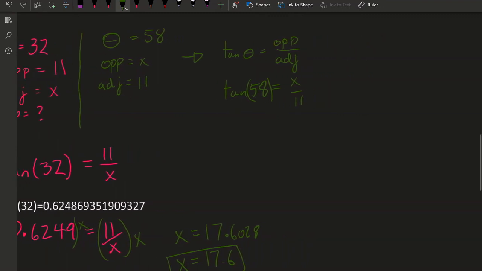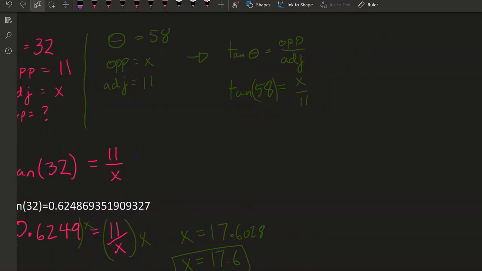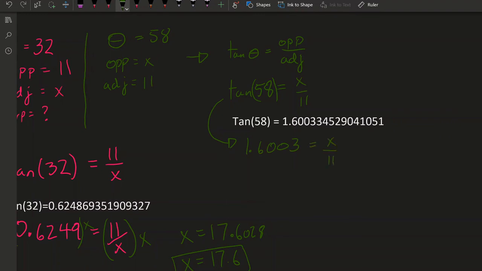And you'll see how the calculation's a little bit nicer, because if I go in here and just type this in, tangent of 58, I get 1.6003345, and like I did before, I'm just going to use the first 4 digits. So the tangent of 58 is 1.6003 is equal to x over 11.